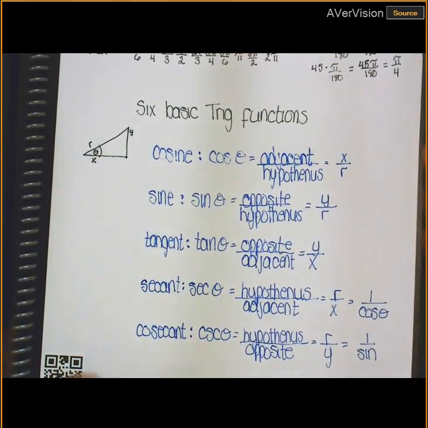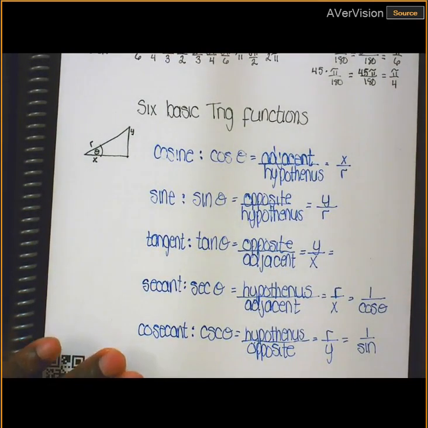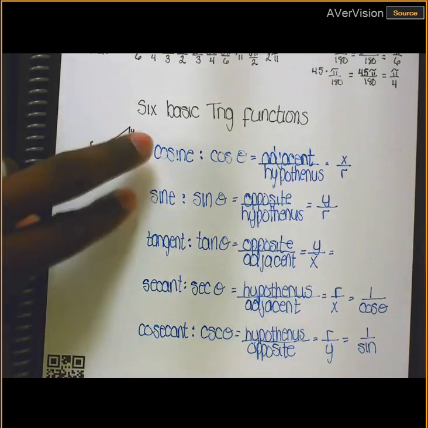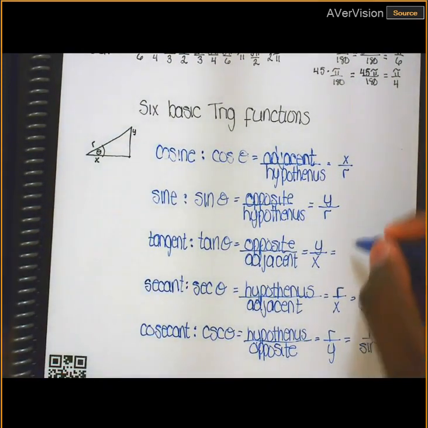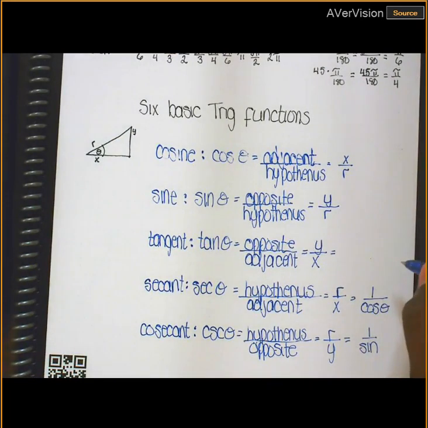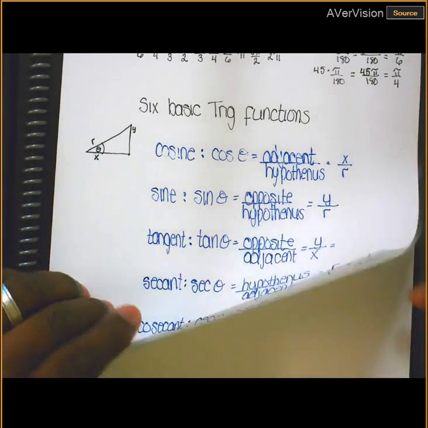There is another way to represent tangent. Do you know? If we use these two to represent tangent, do you remember what it was? One over tangent is cotangent.